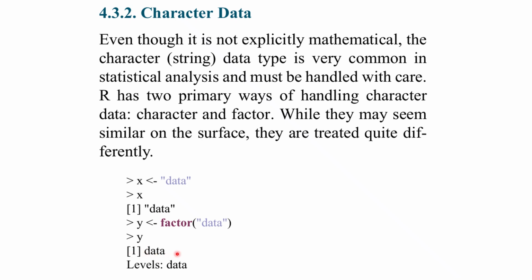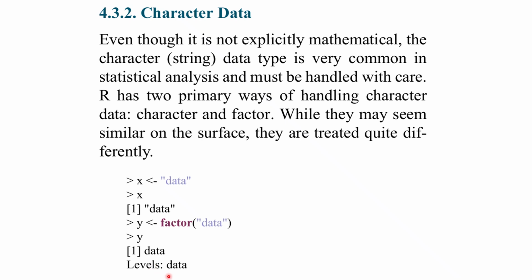After typing y and hitting enter, we get all the values: three data, two computer and one common. Whatever the y variable has will be displayed here. After that, the levels are very important.